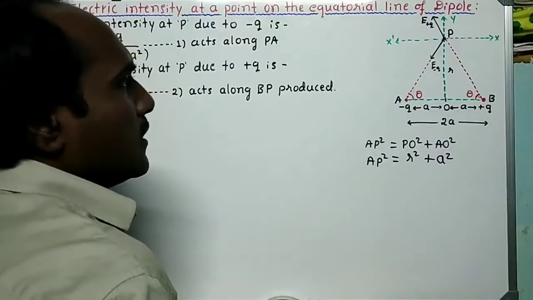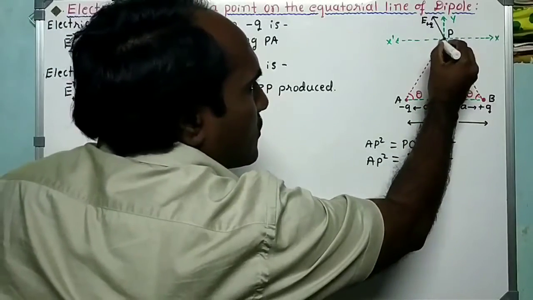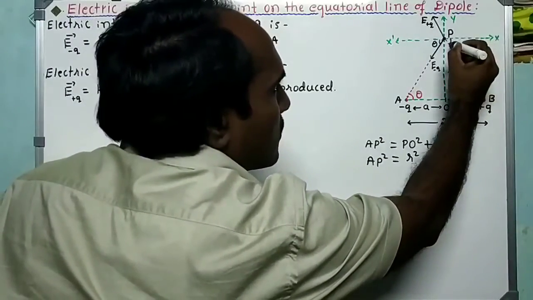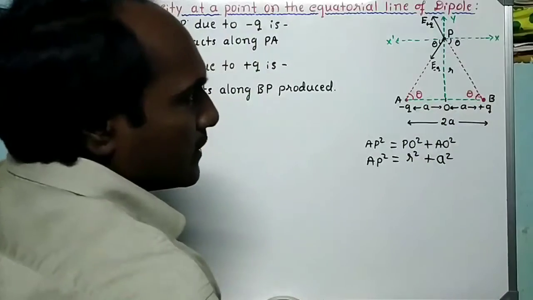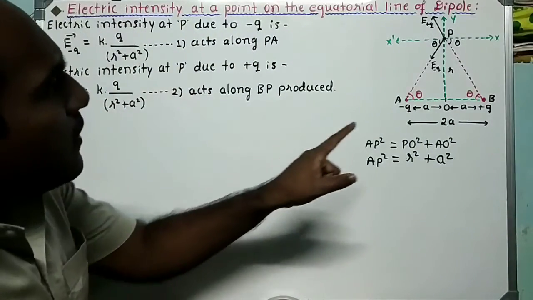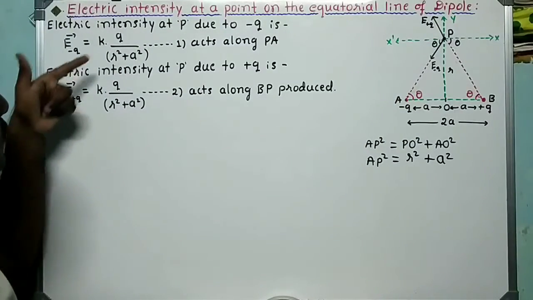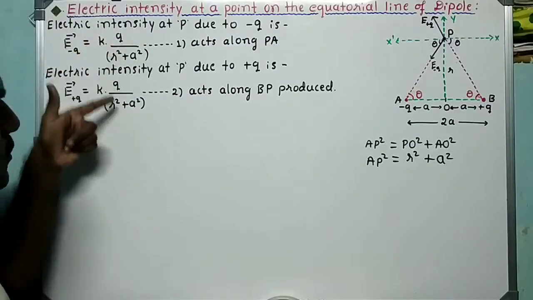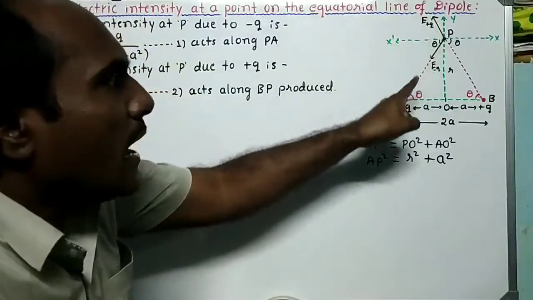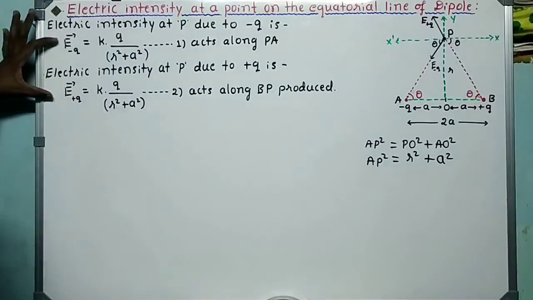Also, if this angle is theta, this is also theta. Here E minus Q and E plus Q are both the same in magnitude, because AP is equal to BP and these angles are the same.